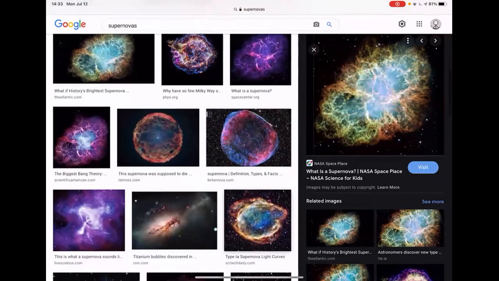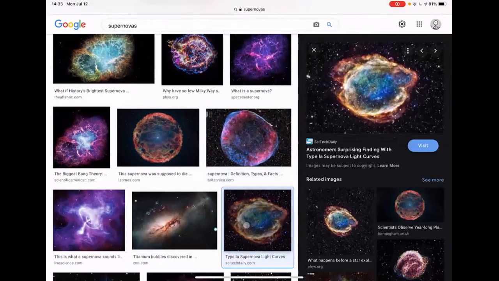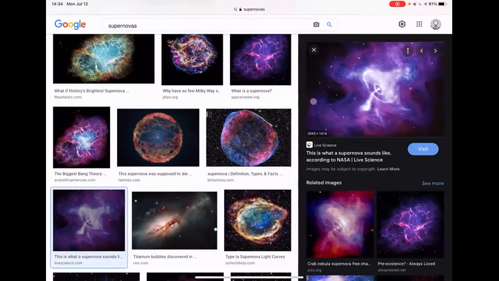Let's see other good pictures. Like this, it looks like a giant bubble of stuff that just exploded out. Or here, this isn't really uniform at all. There's no symmetry in it. Or look at this, right there in that center, that's probably a black hole.